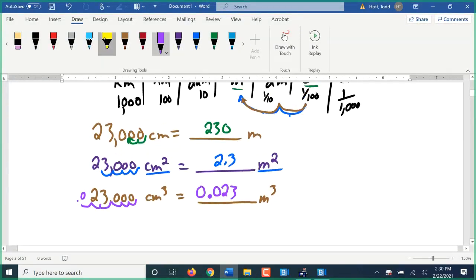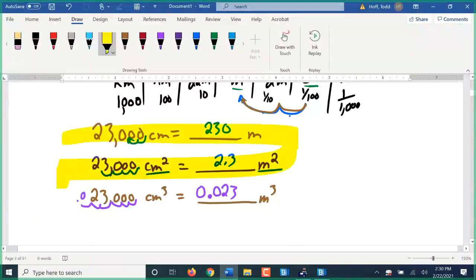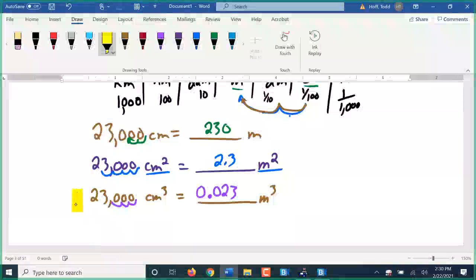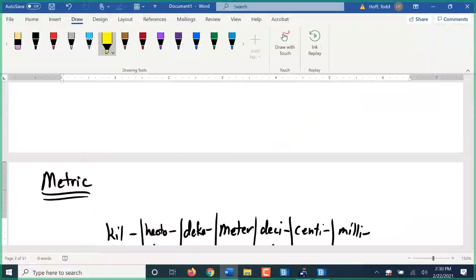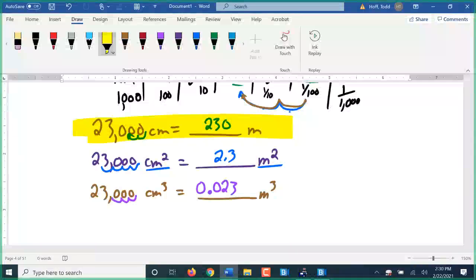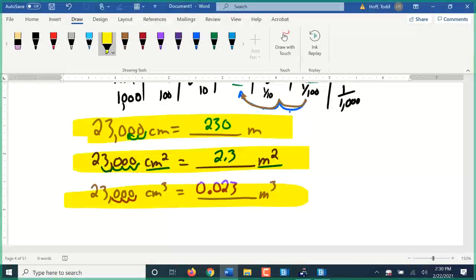Now, if you look at these 3 conversions here, at first glance they look like the same conversion, but done differently because the answers came out different. But as you look closely, you see that the difference is that the first one is centimeters to meters, the second one is square centimeters to square meters, and the third one is cubic centimeters going into cubic meters.